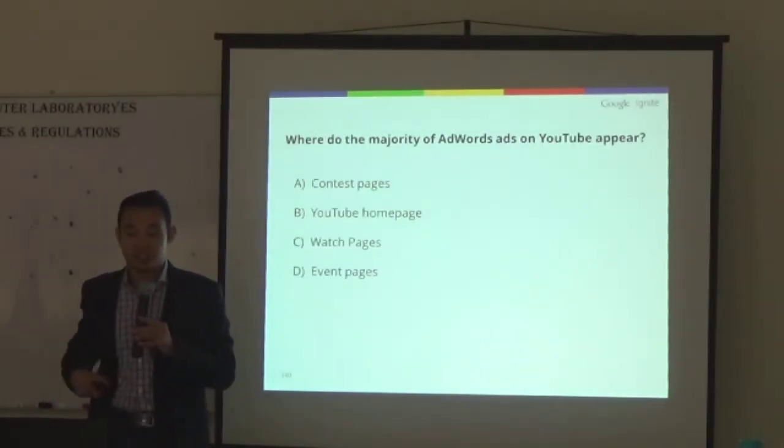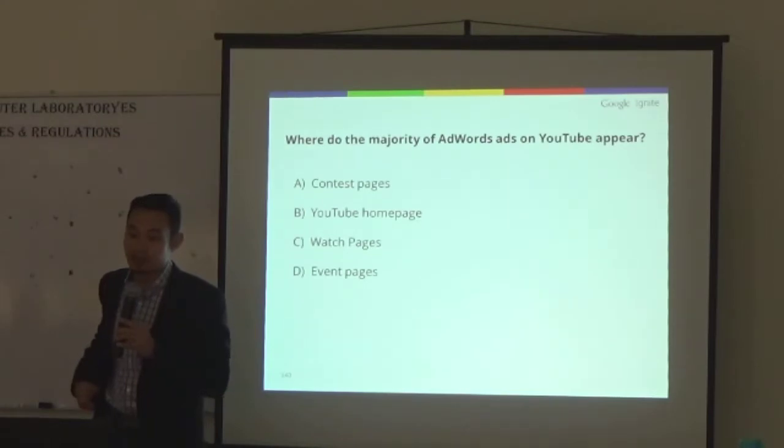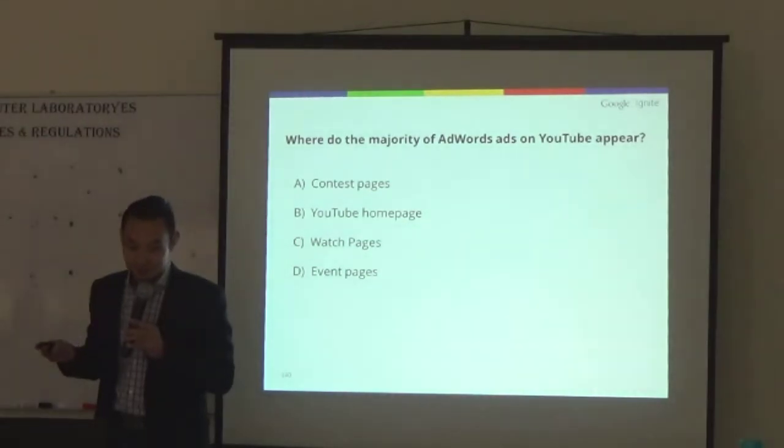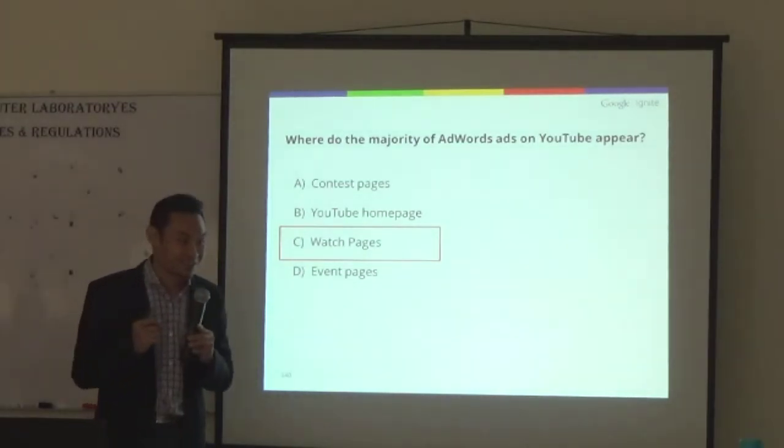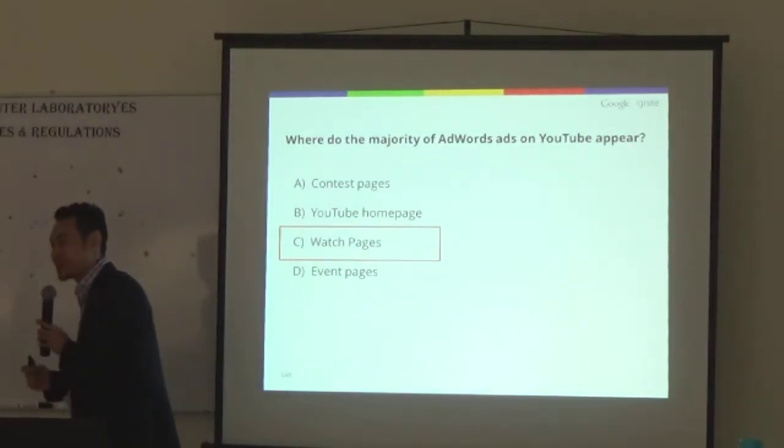Next question here. Where do the majority of AdWords ads appear on YouTube? On YouTube, the place where there's a lot of impressions. Yes, watch pages. Not the home page. Take note of that.